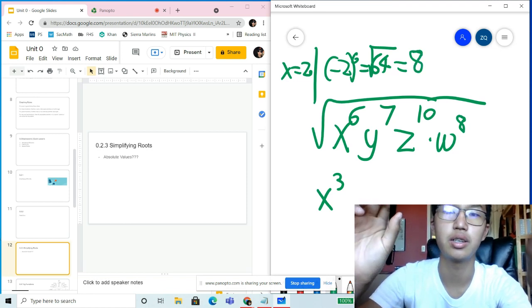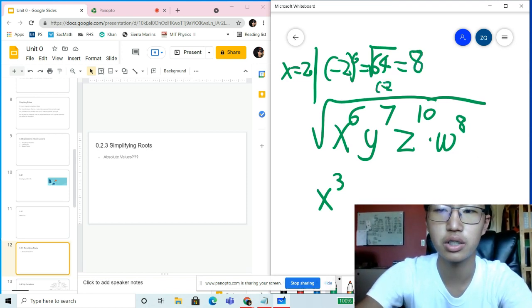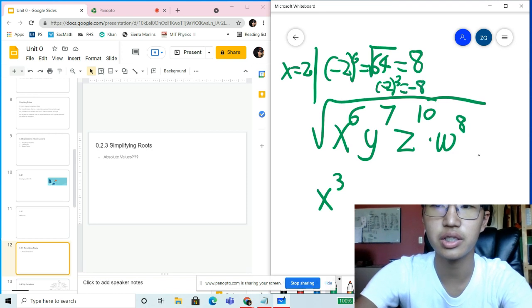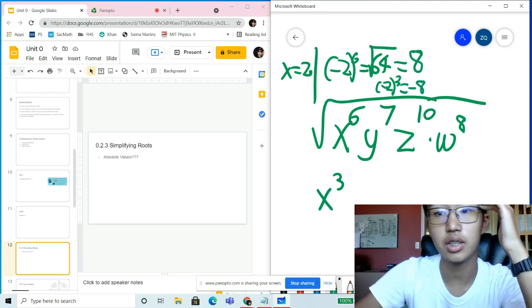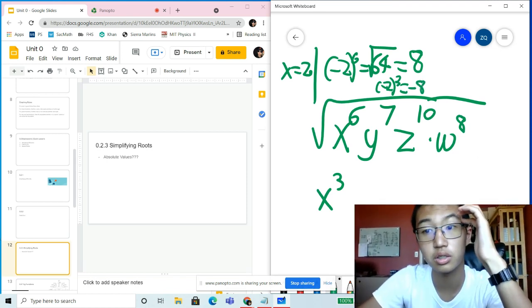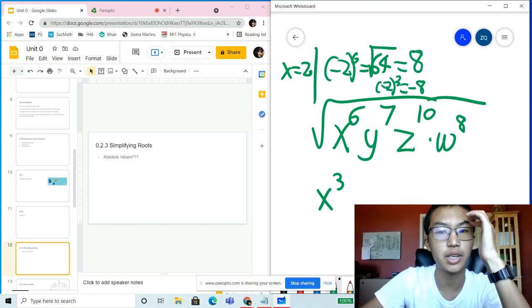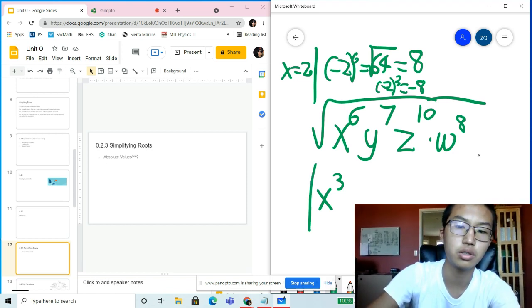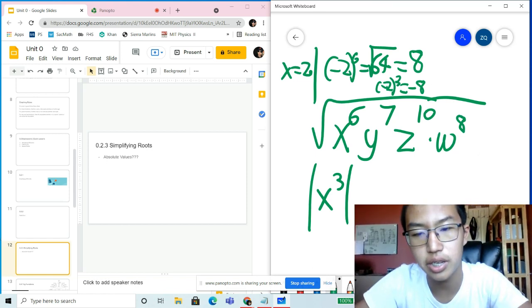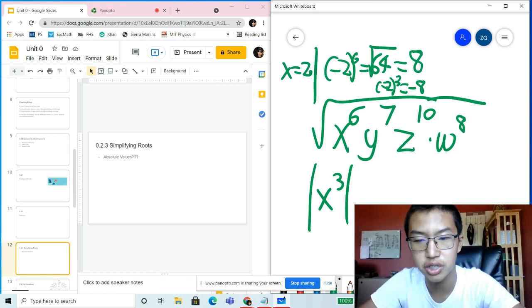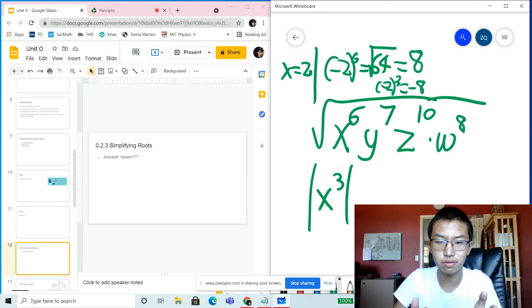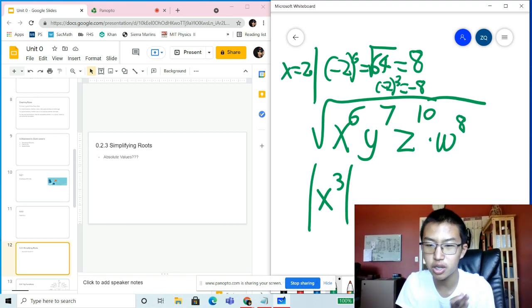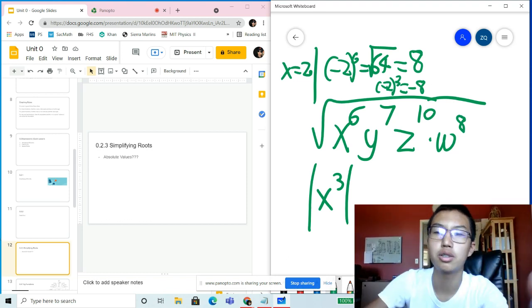It's 8. But if you do -2 cubed, you get -8. And that doesn't quite work if you just have x cubed. So as a result, since x cubed has a potential to be negative, you have to put absolute value around it to make sure it stays positive.